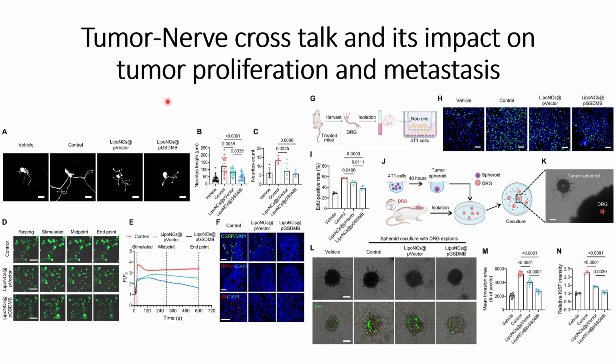Lipo-NC-pGSDMB. So what they did is they took out the DRG nerve from different conditions of the mouse: from the vehicle, which is a non-treated mouse that does not have bone cancer cells, and the control, which is a mouse that has the bone cancer cells but has not been treated with any immunotherapies.